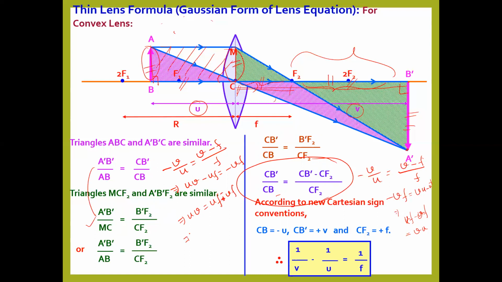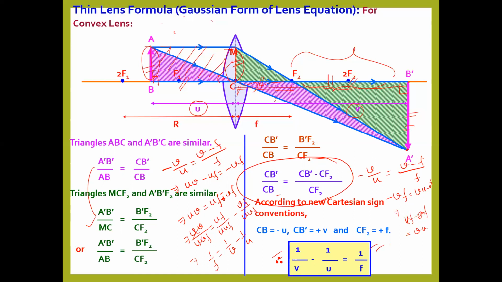Now let us divide everything: UV divided by UVF, UF divided by UVF, minus VF divided by UVF. So after divisions, we get 1 by F equals 1 by V minus 1 by U. So the final equation is 1 by V minus 1 by U equals 1 by F.